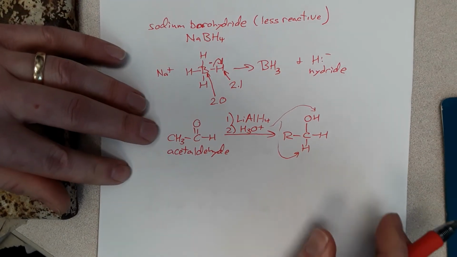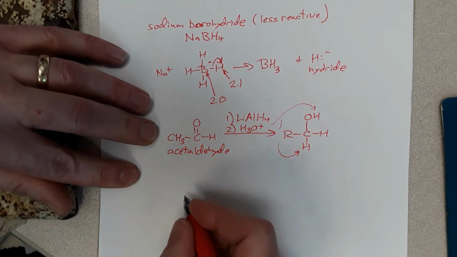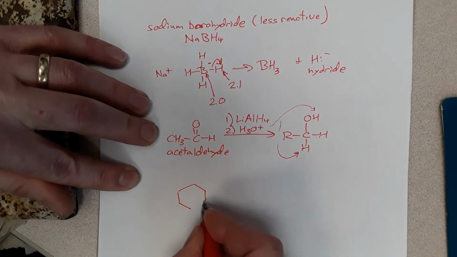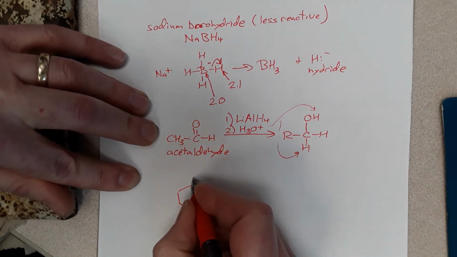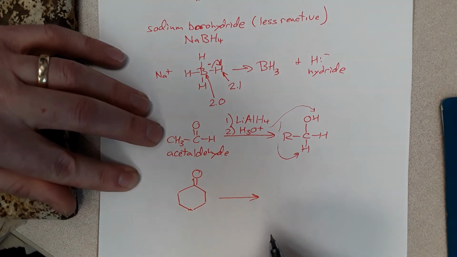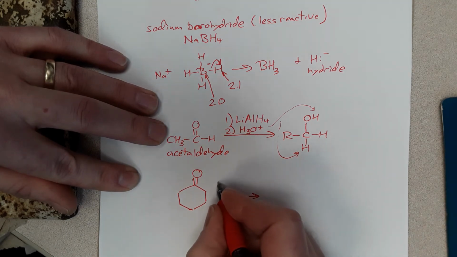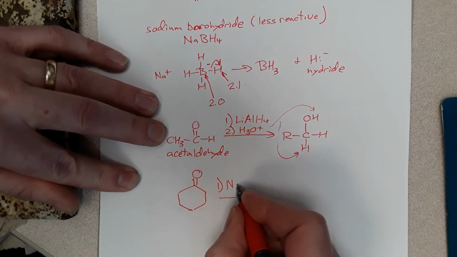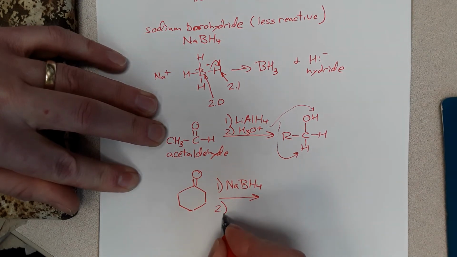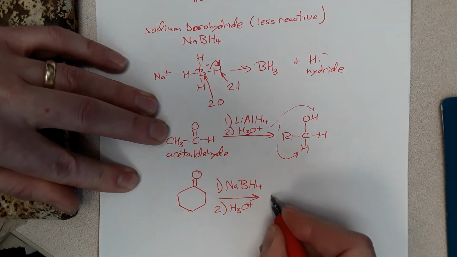Okay, maybe one more example. Let's make a ketone, cyclohexanone here, and we are going to react that, and let's use the other reagent here, sodium borohydride, followed by H3O.